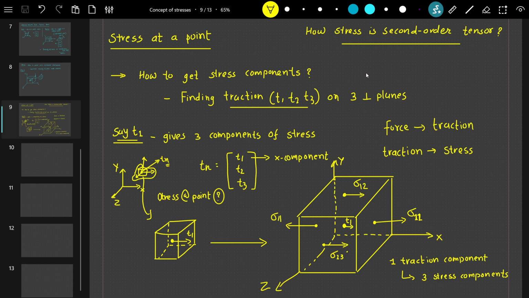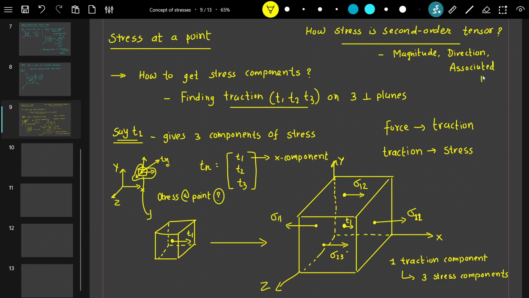Now we will be able to understand how stress is a second order tensor. Earlier we discussed tensors. A matrix is a second order tensor, and we gave the example of stress and strain as second order tensors. A second order tensor requires three things to define it: one is magnitude, then direction, and associated plane.